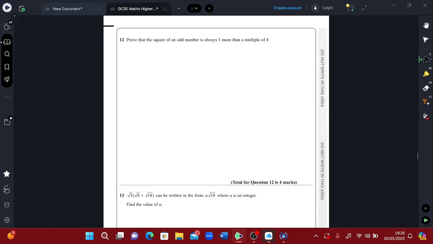We're nearly there, actually. Prove that the square of an odd number is always one more than a multiple of 4. Sounds like a waffle there, so break it down. Square of an odd number. So we want an odd number, and we want to square it.